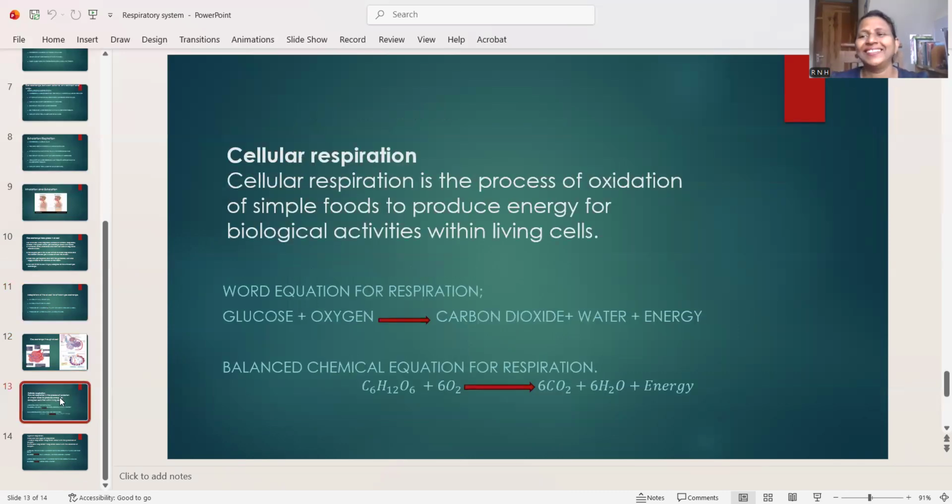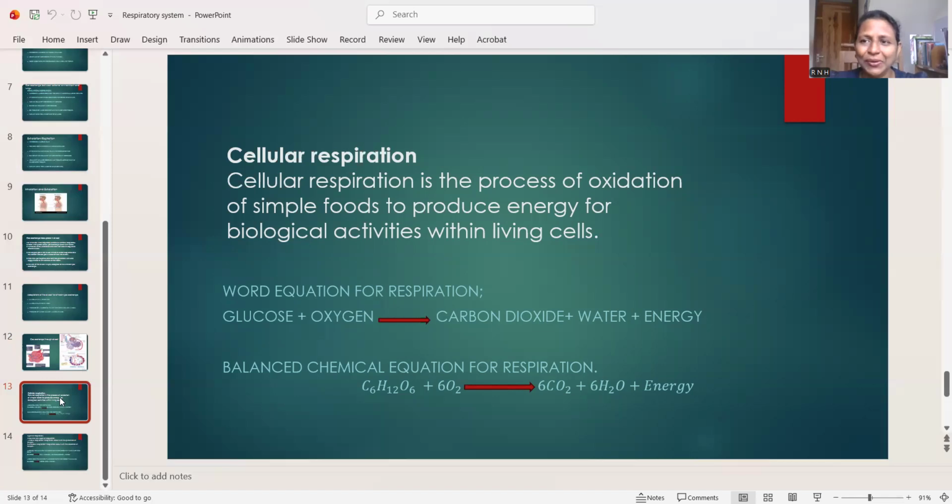Okay, then we go to the third step of respiration. We call it cellular respiration. So what is that? Cellular respiration is the process of oxidation of simple foods to produce energy for biological activities within living cells.